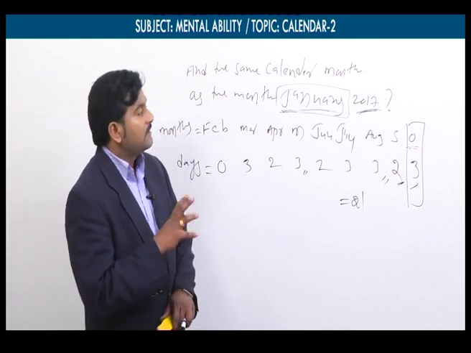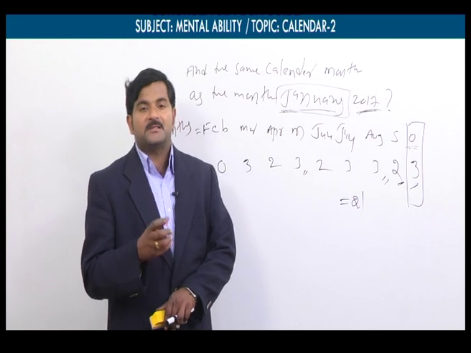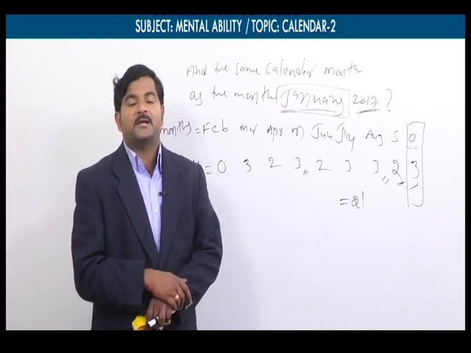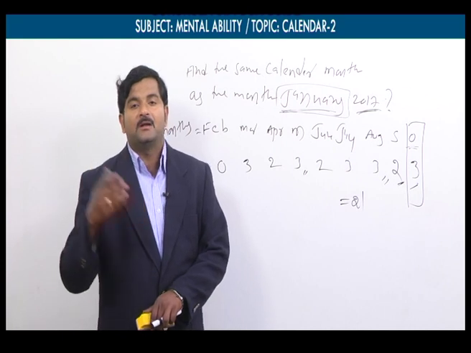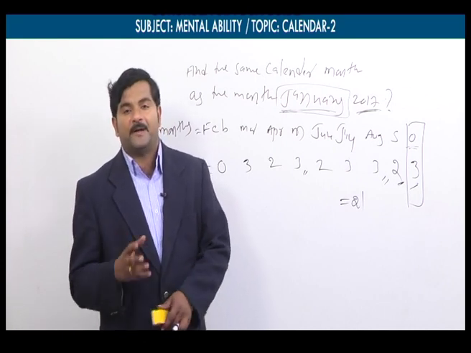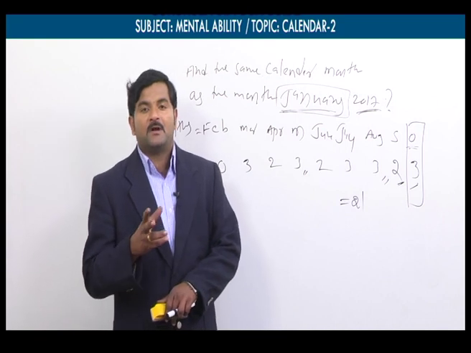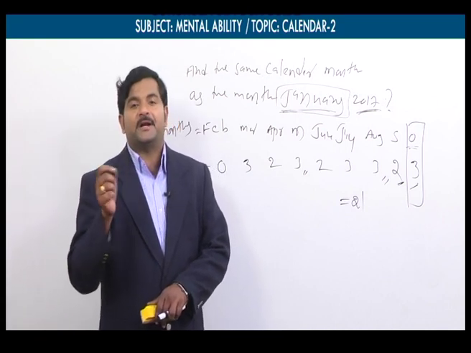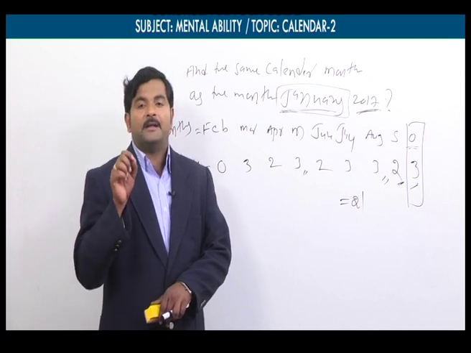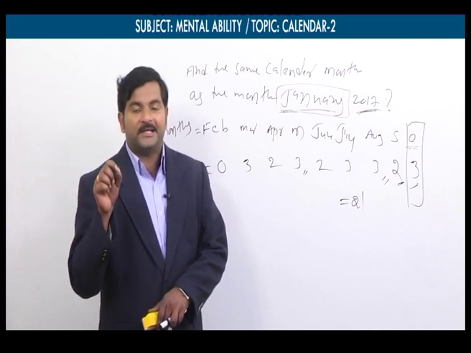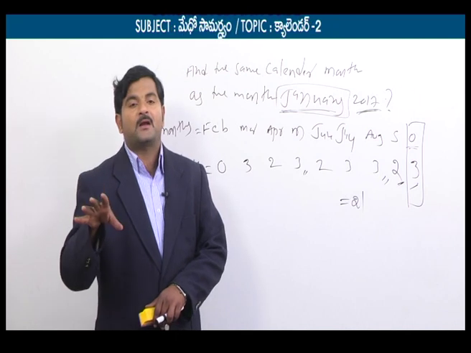Similarly one more type is: if, for example, 15th August 1947 was a Sunday, then find the day of the week on 26th January 1950. That is one kind of model. In that, first it's an if condition. So we have to find out whether 15th August 1947 is really Sunday or not. You have to verify.